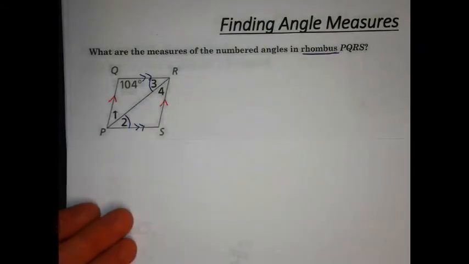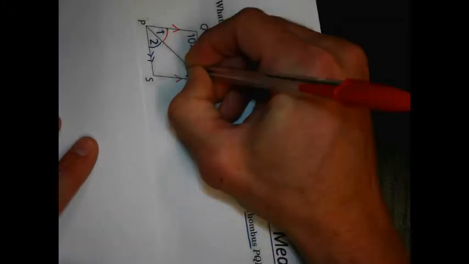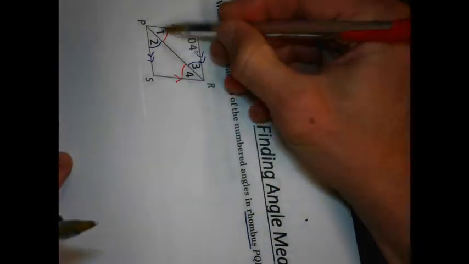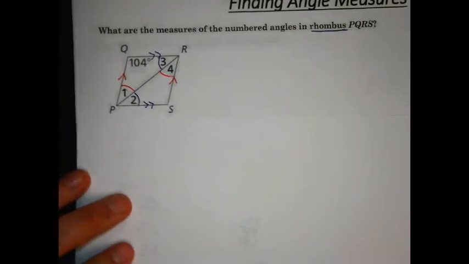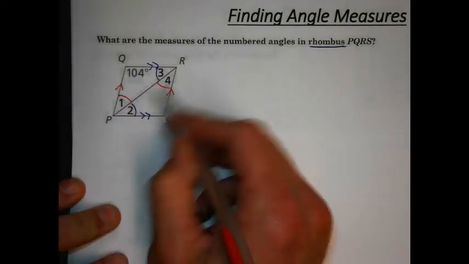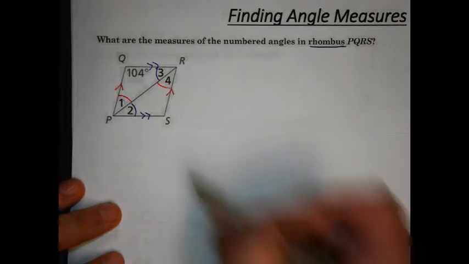Watch. If I turn it this way because I'm not letting gravity mess with me, guess what else I have? Alternate interior angles. So 1 and 4 are congruent to each other as well. So isn't that neat? That means for the rhombus, when we have a diagonal, we now have 4 congruent angles, right?